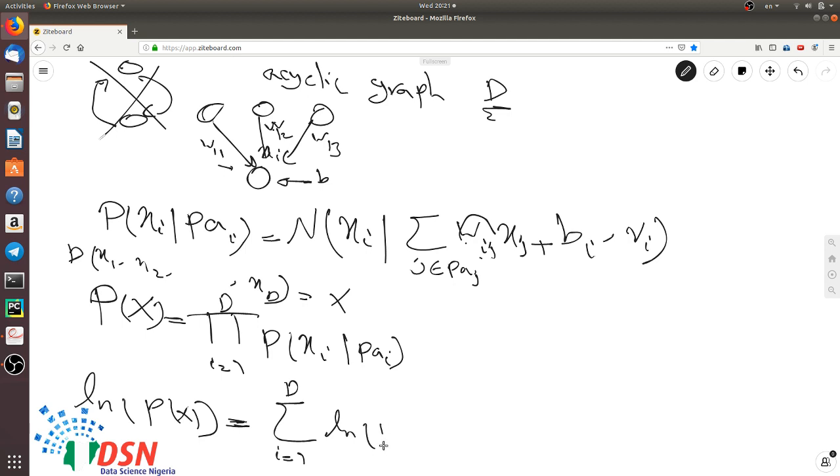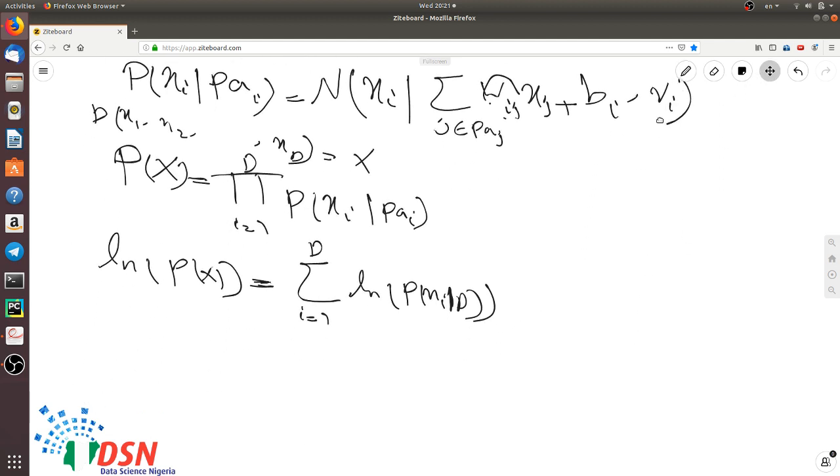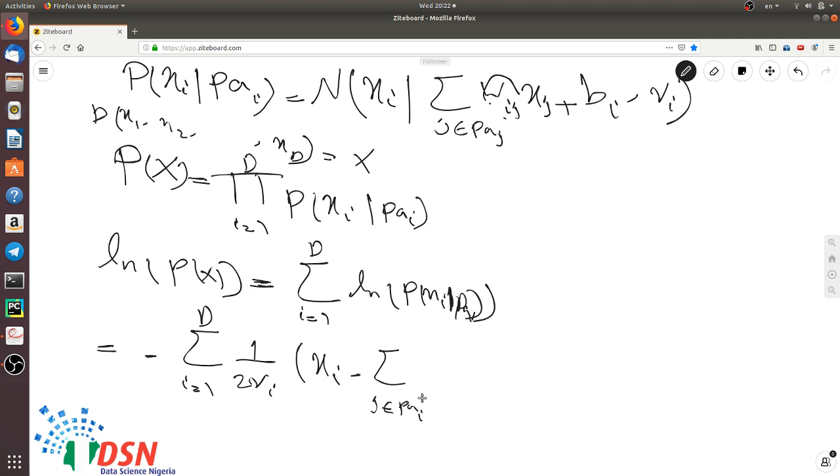Now if you put the Gaussian distribution in place of p of xi given the parents of that node, then we have the sum over i from 1 to d of 1 over 2 variance, xi minus the sum over all parents wij xj minus bi, squared, plus a constant term which does not depend on x, so we separate that out.